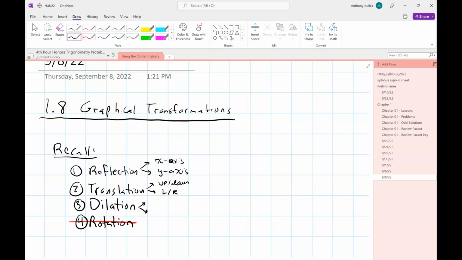And dilation, so stretching and shrinking. We can have a vertical stretch or a vertical shrink, and then a horizontal stretch and a horizontal shrink. So those are the 6 types of transformations we're going to worry about algebraically.